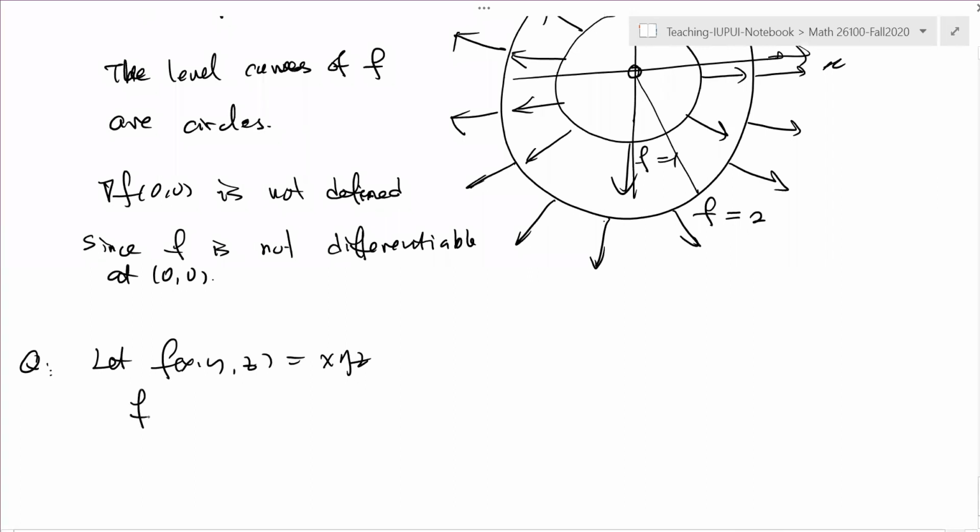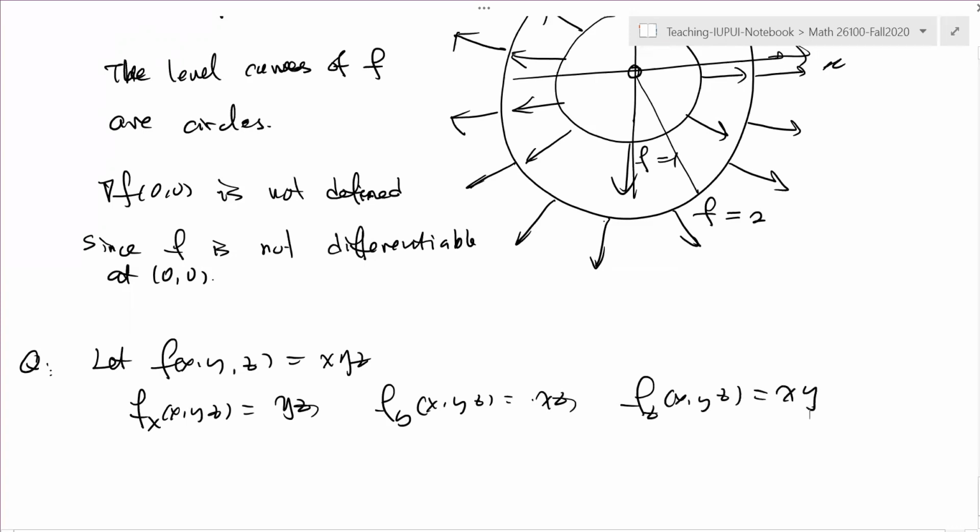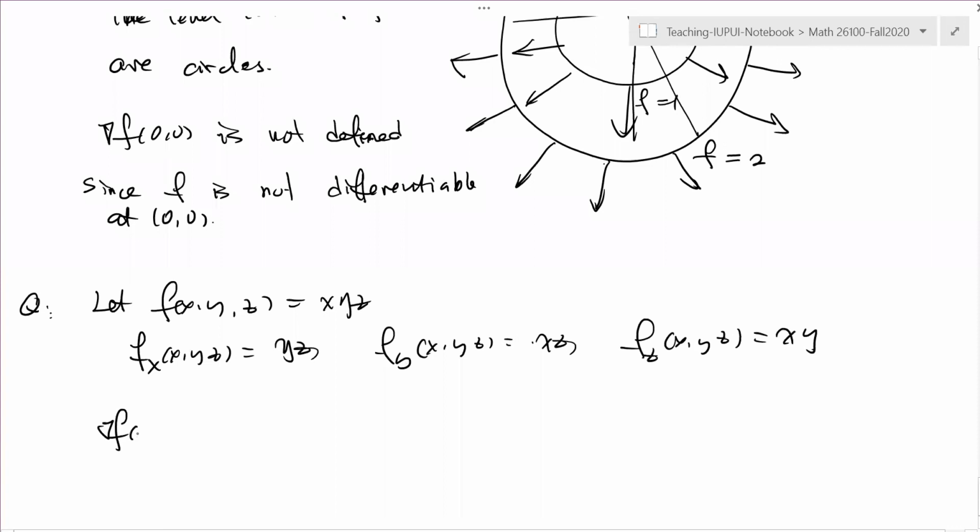Okay, so the gradient: f_x(x, y, z) is going to be yz, f_y(x, y, z) is going to be xz, and f_z(x, y, z) is going to be xy. So I can write down the formula: yz, xz, xy.